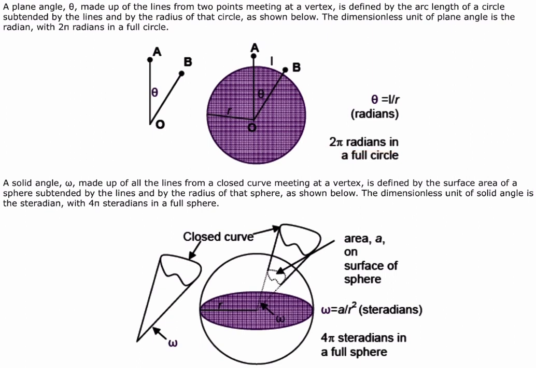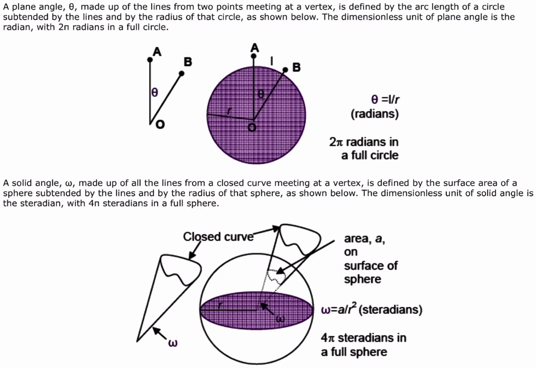Similarly, solid angle is the analogous in three dimensions of this plane angle, and a solid angle omega made up of all the lines from a closed curve meeting at a vertex is defined by the surface area of the sphere subtended by all the lines and by the radius of that sphere.